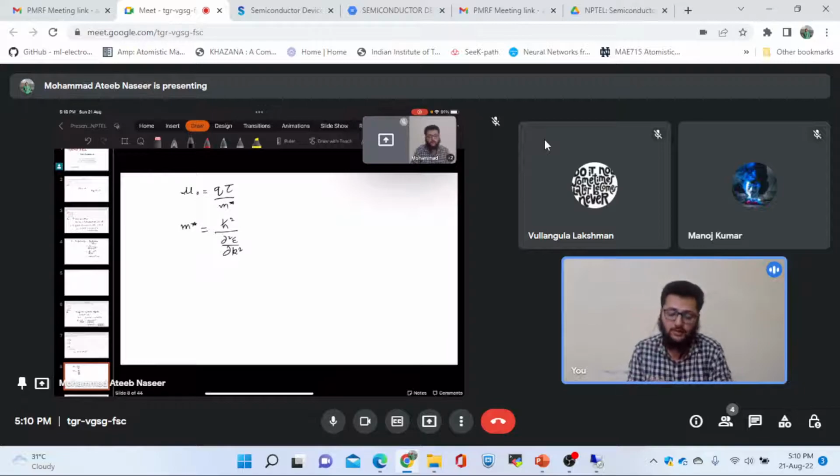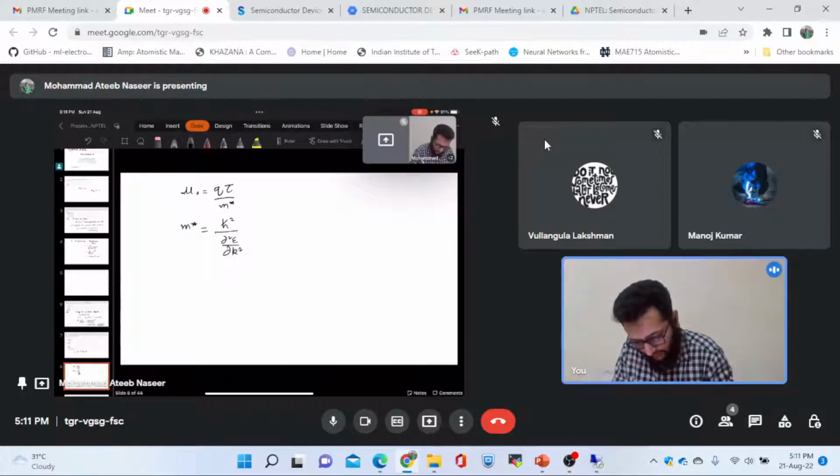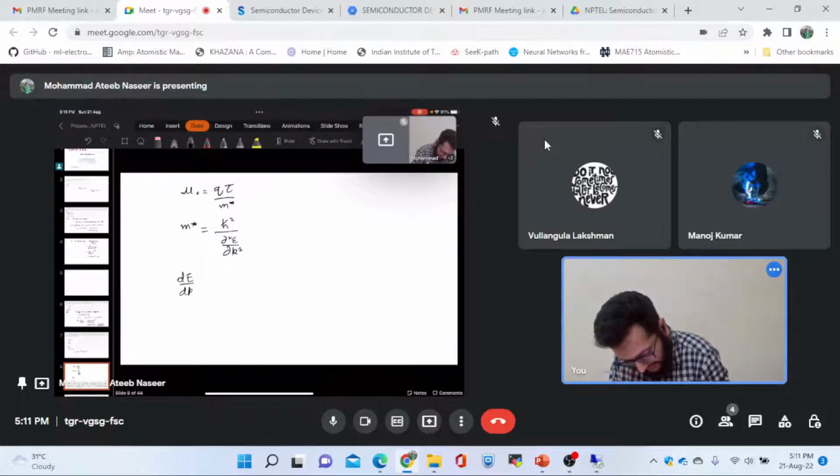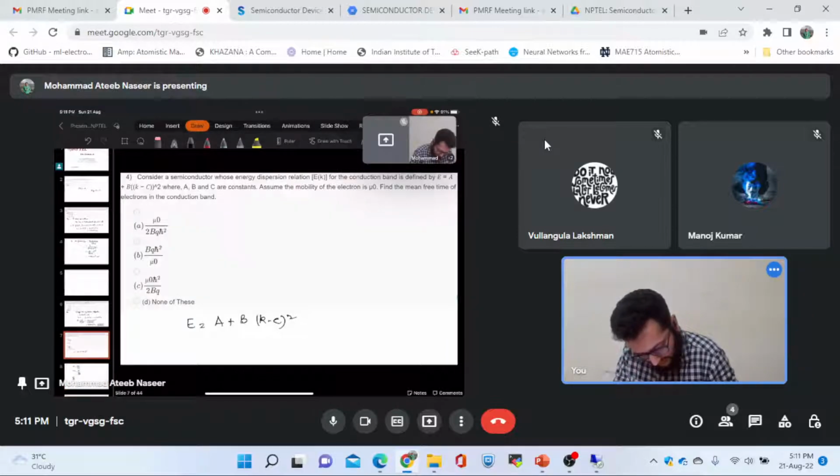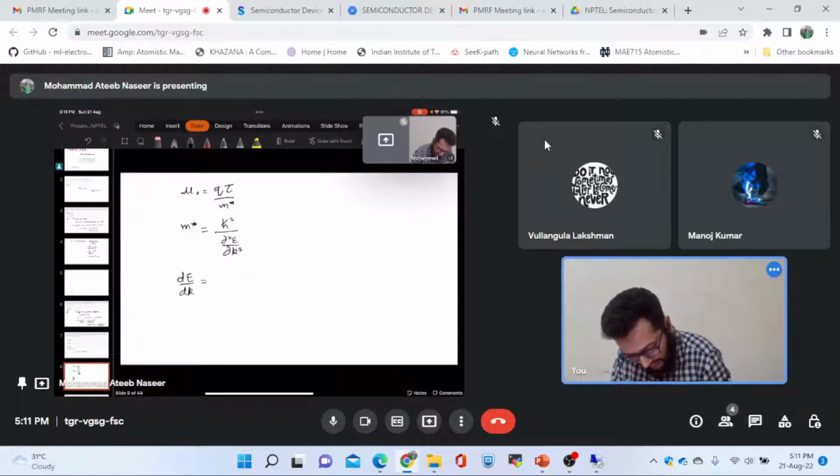You should always remember that this kind of relation for the m star will hold for parabolic bands, where we are assuming that E is proportional to h bar k squared. If there are some other kinds of bands, like linear, then this might not hold. So if we now differentiate this E once, it gives dE by dk equal to 2b times (k minus c).